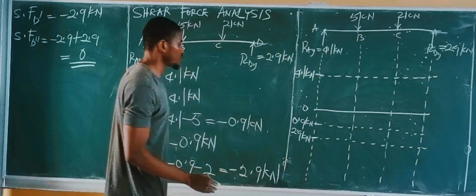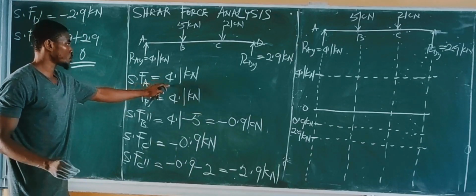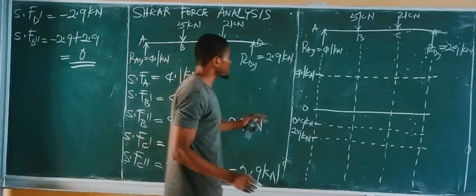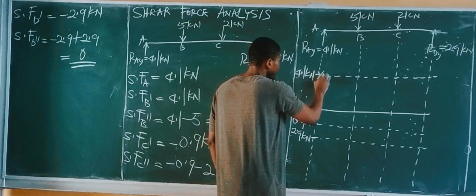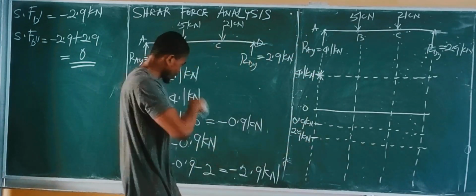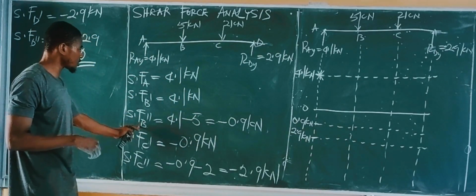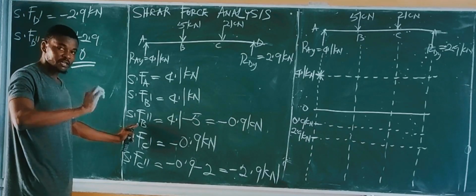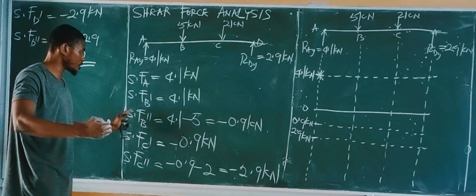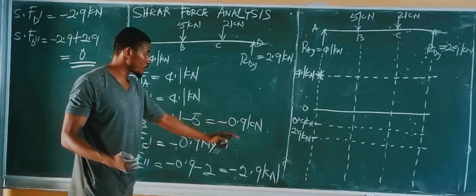Alright, so you can now start your shear force diagram. The shear force at A is 4.1 kilonewtons. This is line A, this is 4.1, so you simply mark an asterisk. Okay. Shear force at B, please take note, shear force at B double prime simply means finally at point B. So this is what we are using, not B prime. So shear force at B, we have minus 0.9.